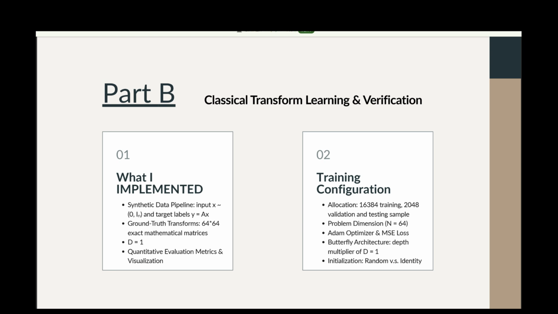The problem dimension n is fixed at 64. We use the Adam optimizer and MSE loss to train the models. The butterfly architecture is tested with a depth multiplier of d equals 1. And we compare random initialization against identity initialization. Next page.